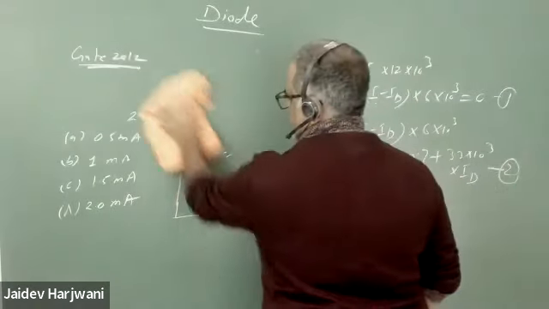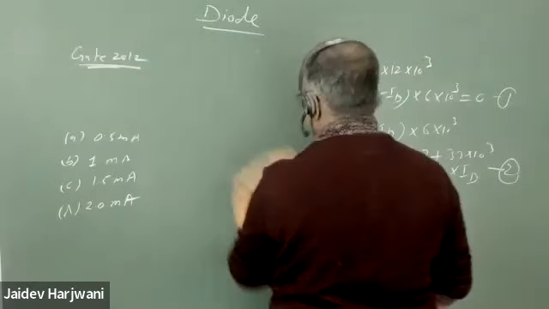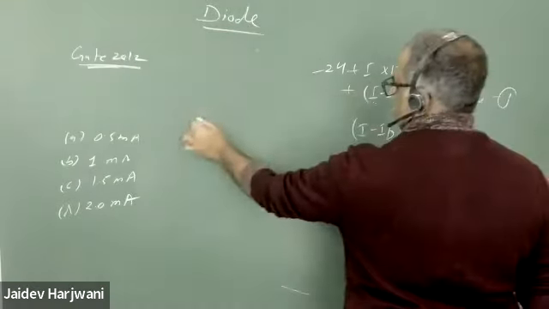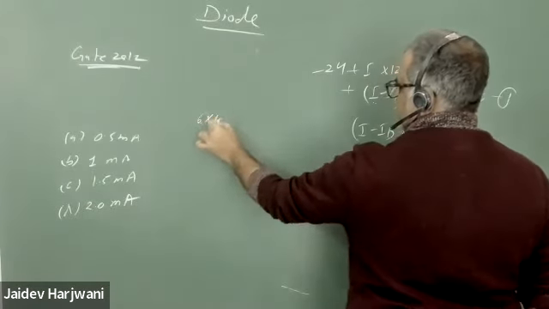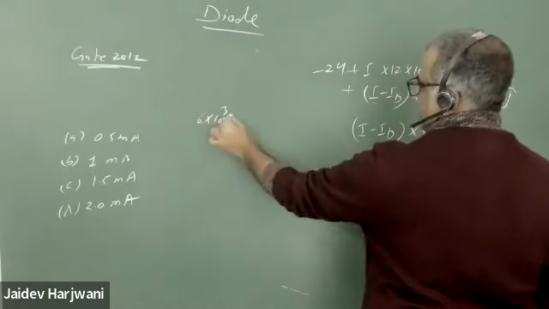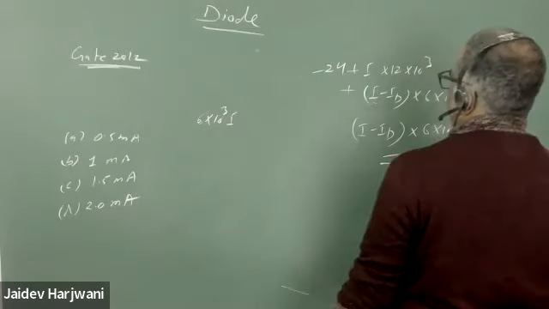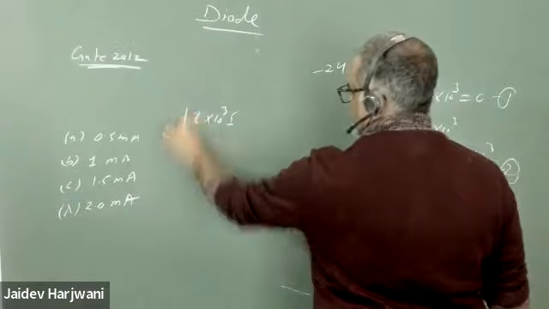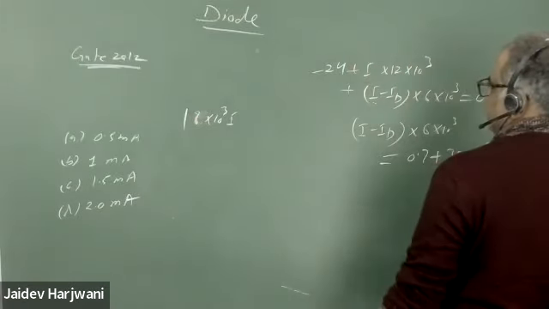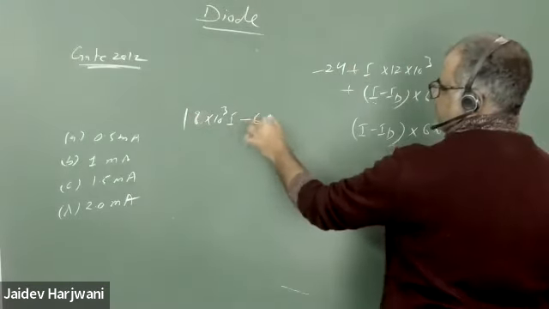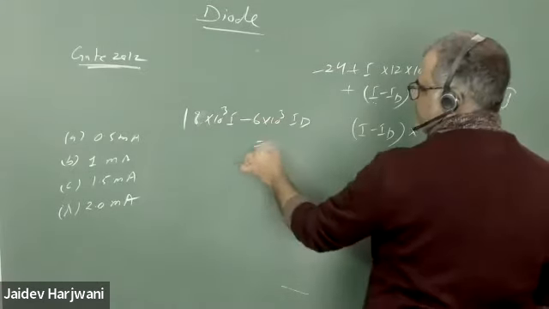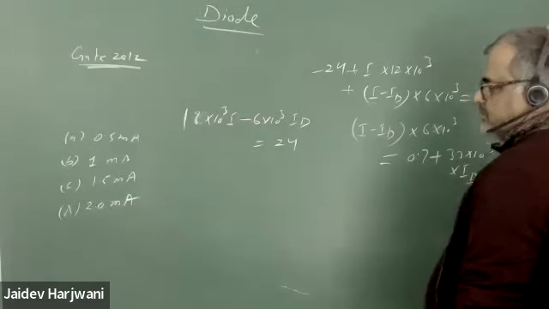So you have here minus 24, so 6 into 10 raised to power 3 I, and the 12 I is also coming here, so 6 plus 12, 18. 18 into 10 raised to power 3 I minus 6 into 10 raised to power 3 ID equals 24.